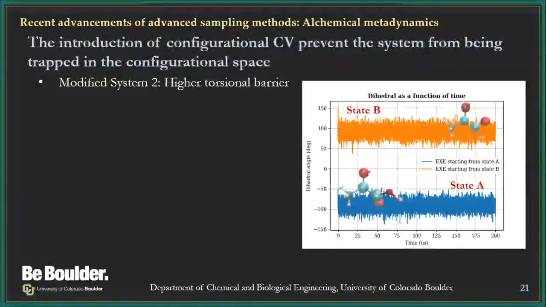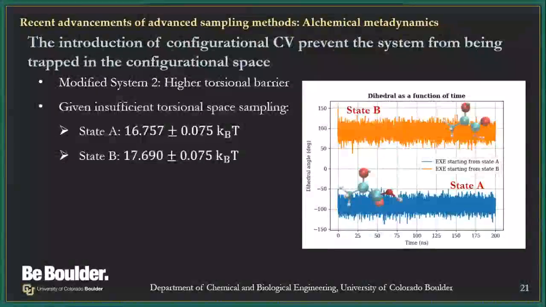We modified the topology to greatly increase the torsional free energy barrier between the two metastable states. With this system, we first performed expanded ensemble simulations starting from different torsional states, which led to statistically different estimates of the free energy difference due to the insufficient sampling in the torsional space, as you can see in the figure.